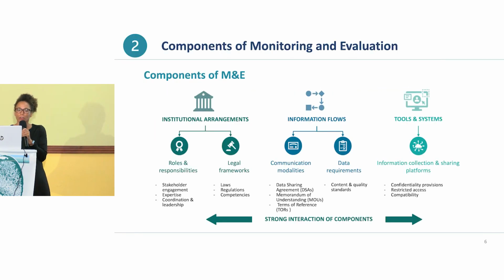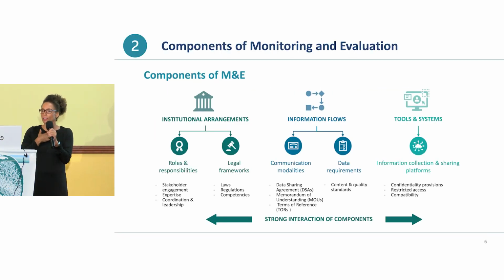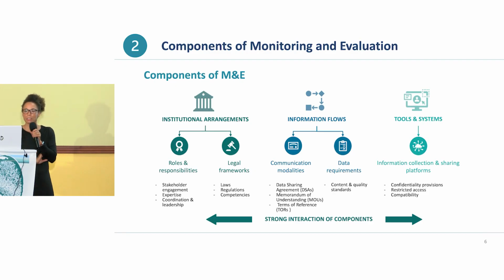Let's have a look at the components of monitoring and evaluation. So one component is the institutional arrangements. These are the roles and responsibilities of the stakeholders. The communities have a very important aspect here. It is the legal frameworks, that these are adapted and allow this monitoring and evaluation. It is the information flow.